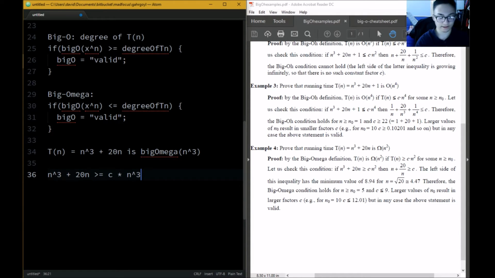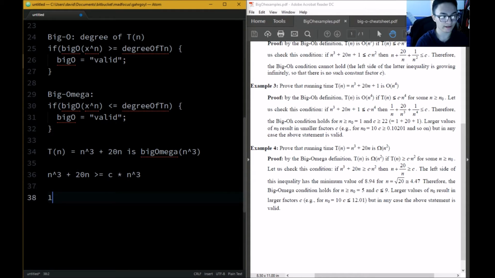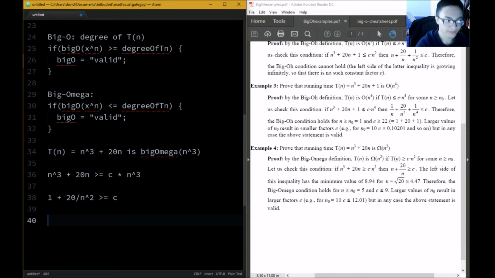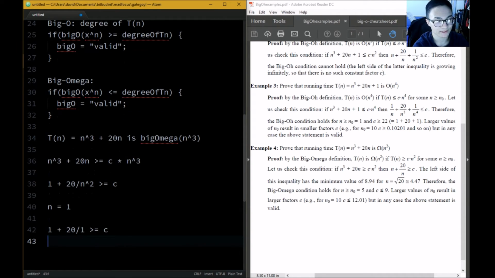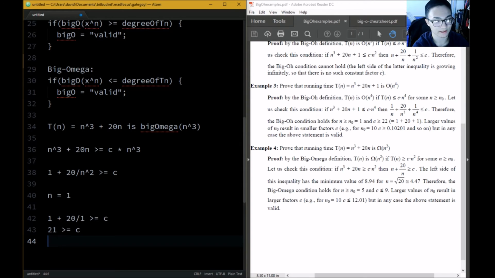If we divide by n cubed on both sides, we'd have 1 plus 20 over n squared is greater than or equal to c. So if we set n equal 1, then we'd have 1 plus 20 over 1 greater than or equal to c. So 21 is greater than or equal to c.